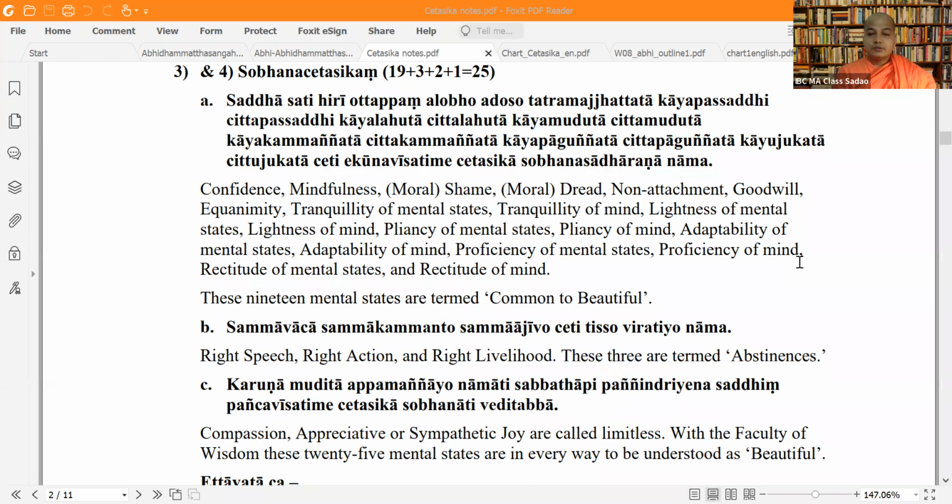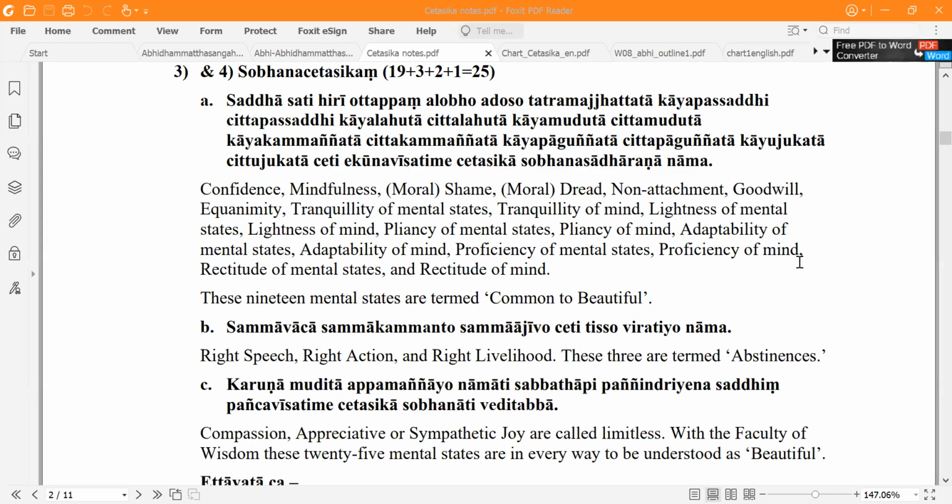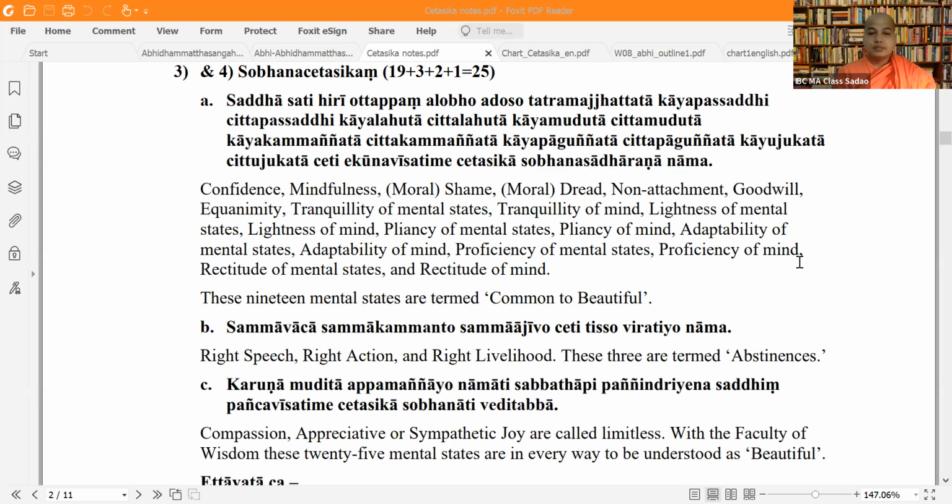But when you focus on the step-by-step training or gradual training of an ascetic, for example, if you look at the Samannaphala Sutta and so on, you would find that right livelihood for a practitioner is defined in terms of how you are collecting your requisites, and then how you are making use of them, what kind of mentality you are having, what is your focus, right?